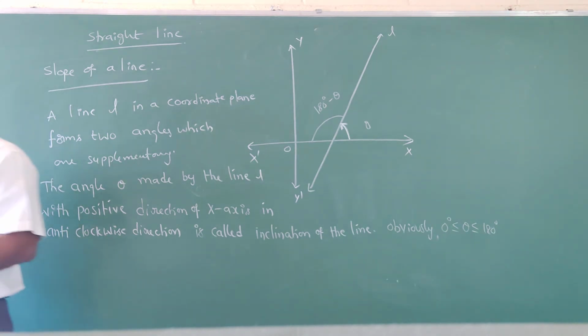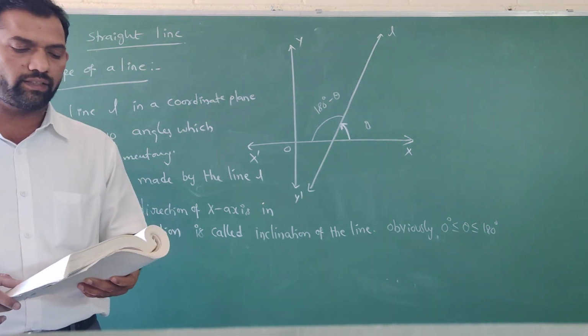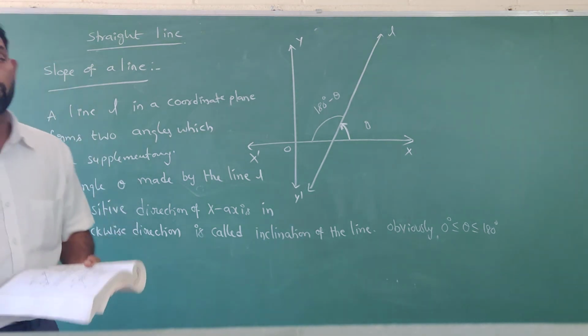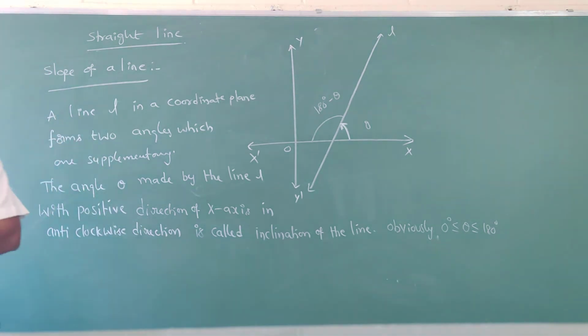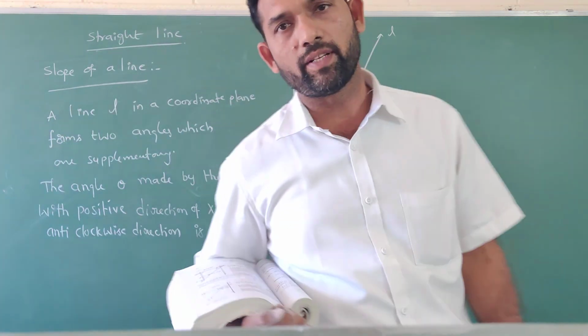We observe that lines parallel to x-axis or coinciding with x-axis have inclination 0.